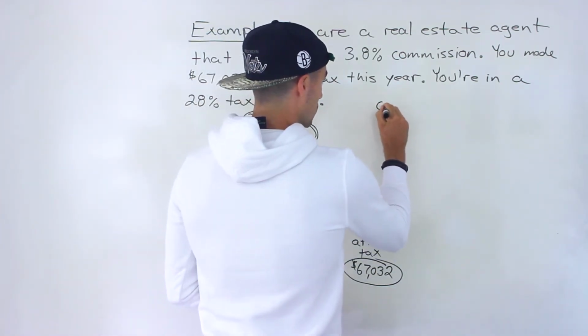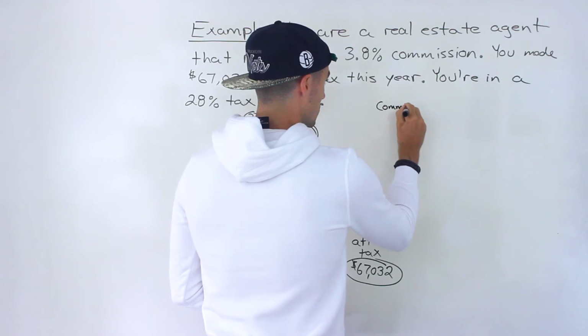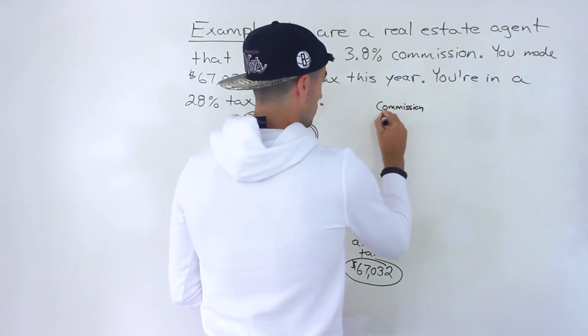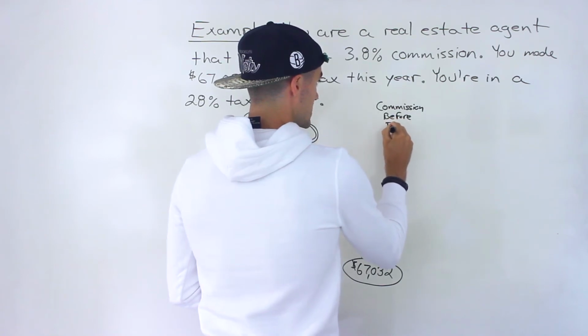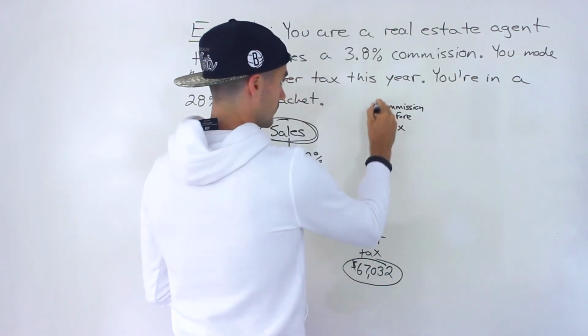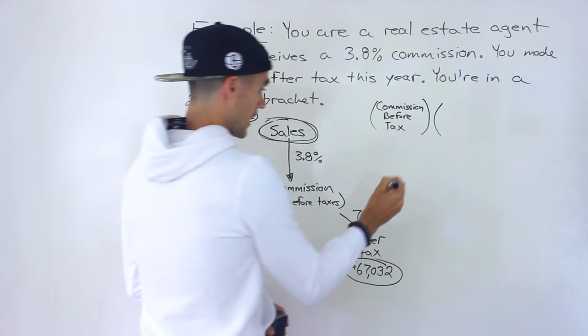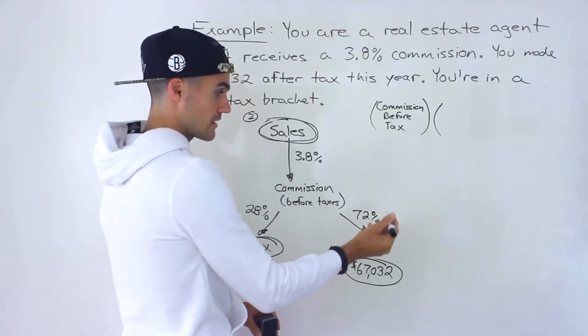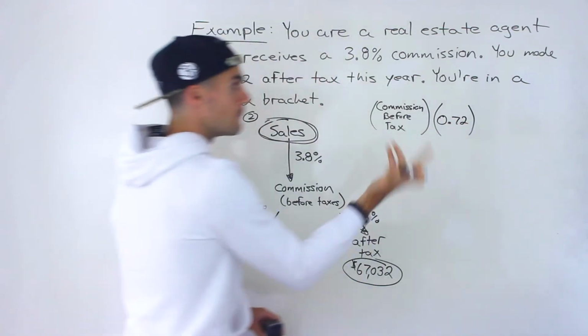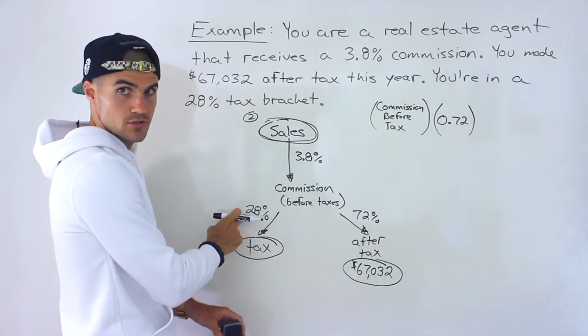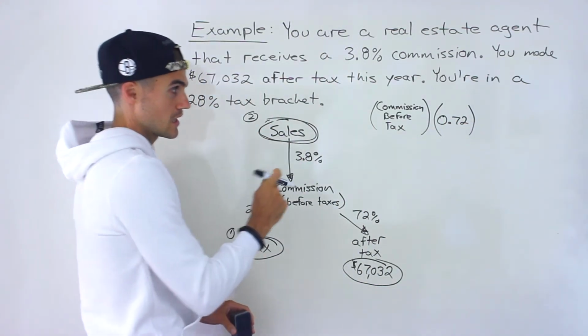So the commission before taxes multiplied by 72%, 0.72, or 1 minus the tax, right? 1 minus 0.28, same thing as 0.72.